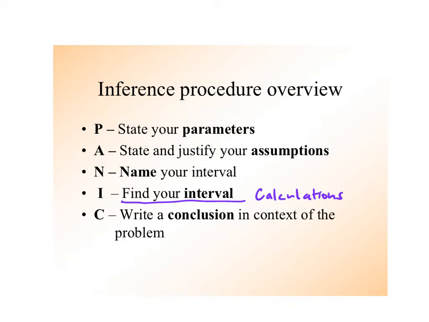There's a couple of changes we're going to go over. There's going to be a changing of the symbols. There's going to be changing of the assumptions. There's going to be also a slight change in the name and in the calculations, but the idea is the same. We're looking for a lower bound and upper bound.